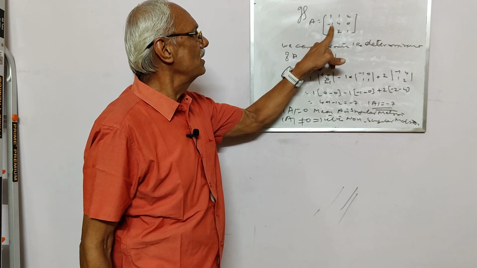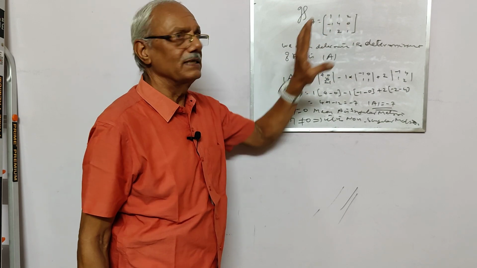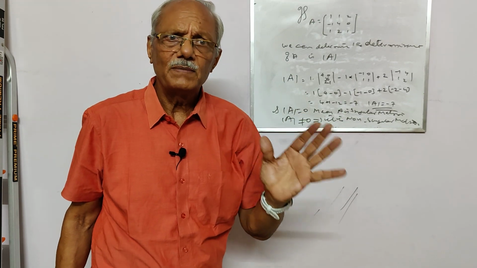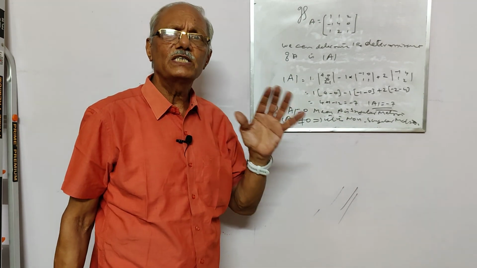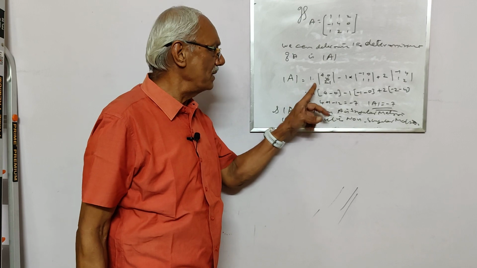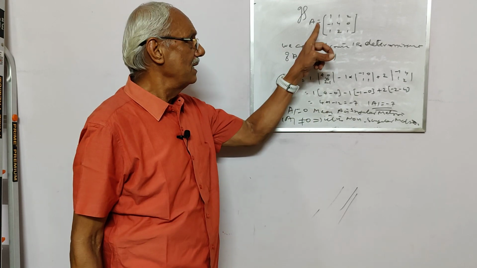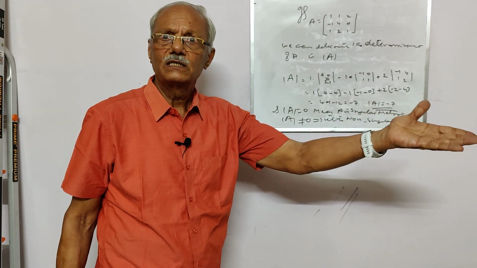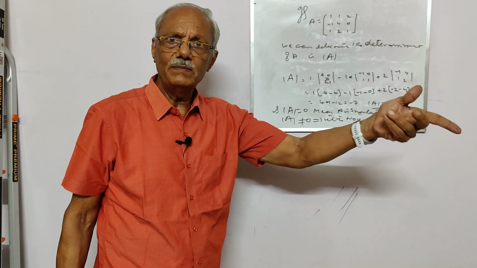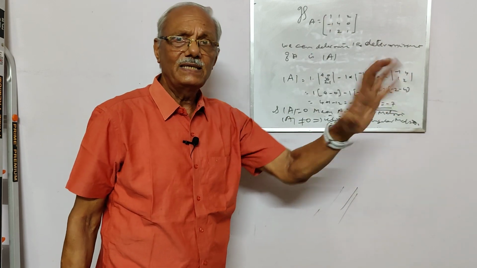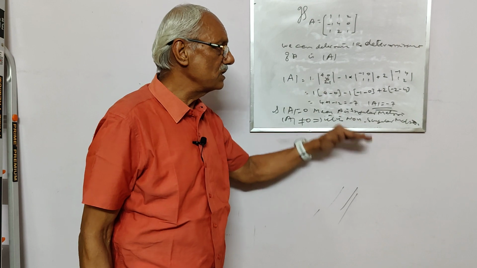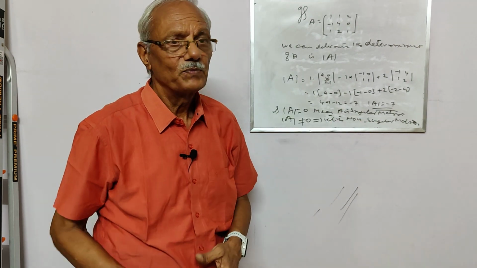Here it will be minus, plus, minus. So there is a method of doing it, but go always by the first row so that it will be plus the element into its submatrix, minus the element into its submatrix, plus the element into its submatrix. So this is how we do it and get this.